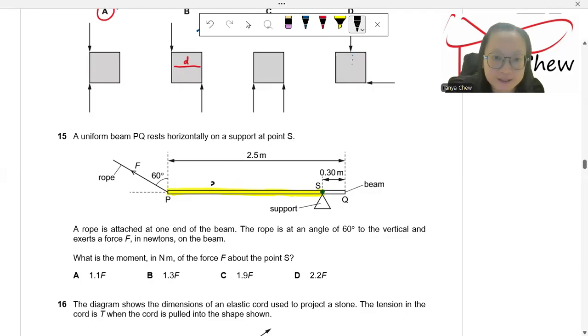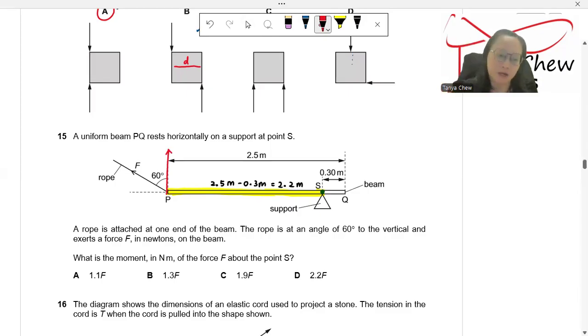How do I get that distance? I take 2.5 meter minus 0.3 meter, that gives you 2.2 meter. So I have the perpendicular distance, but my force I have to resolve in the vertical direction because the distance is horizontal.